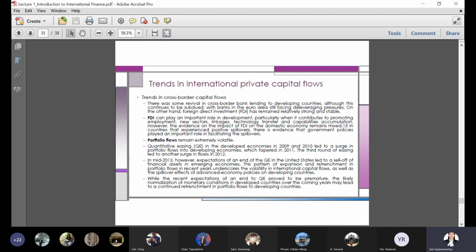the COVID-19. So after the COVID-19, you see some advanced economies, some developed economies, start to have an increase in inflation. So central banks in those advanced economies start to consider tapering or ending the QE, or we say they start to have normalization in their monetary policies.